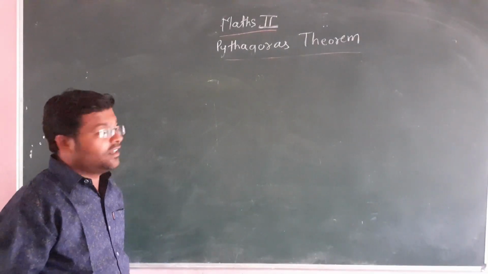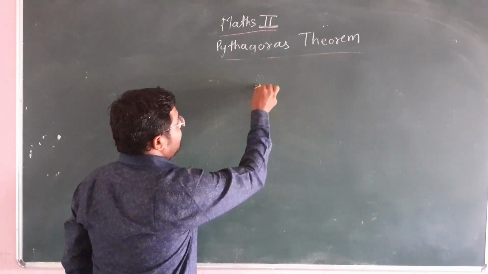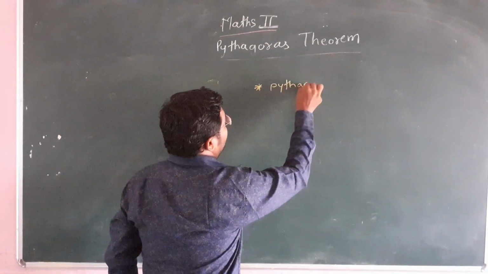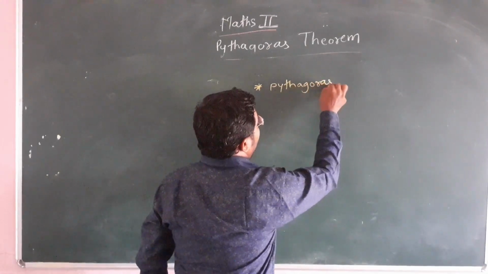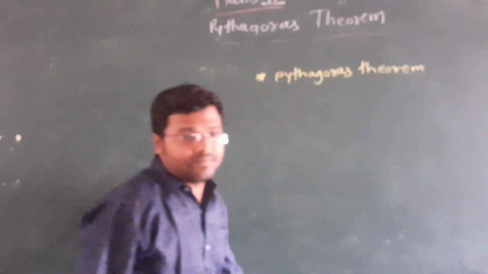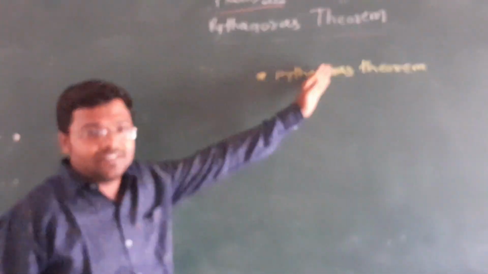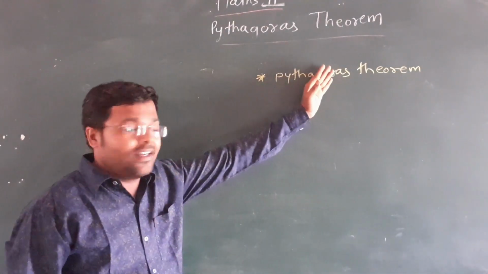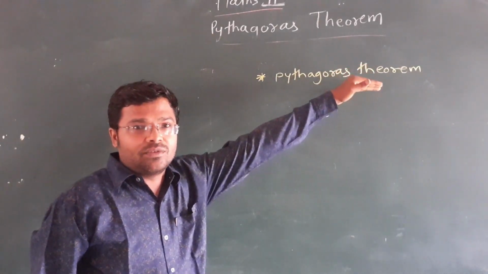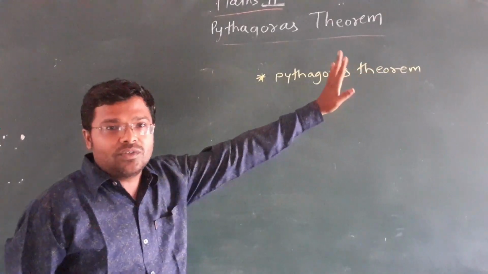Students, today we learned first the theorem of Pythagoras. What is the Pythagoras theorem? In a right angle triangle, the square of the hypotenuse is equal to the sum of the squares of the other two sides.